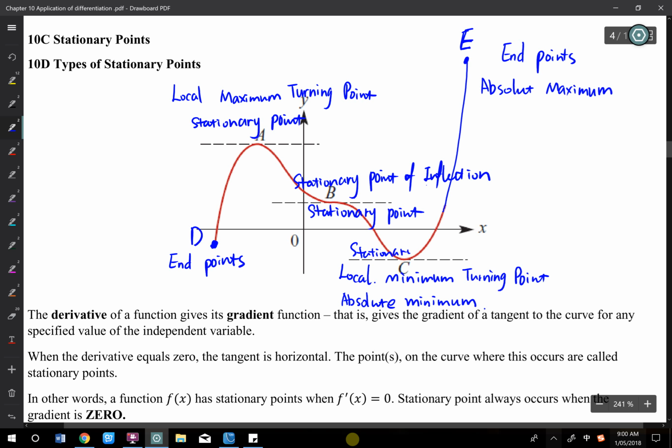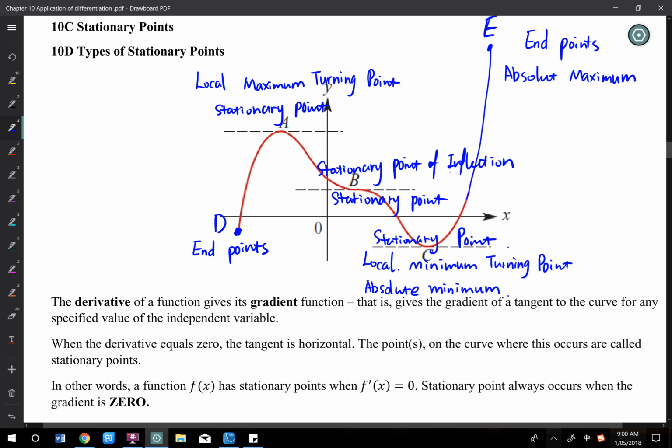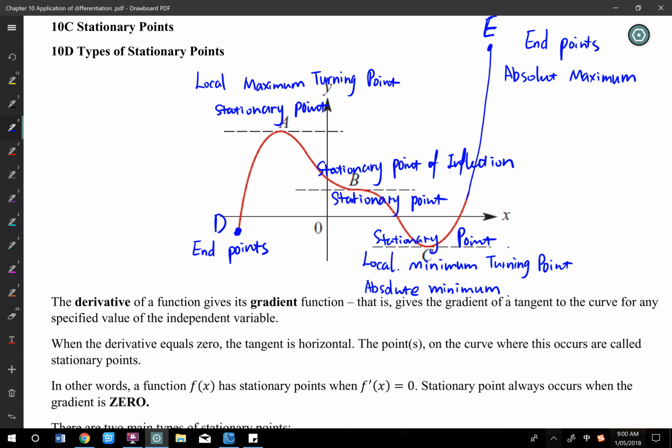That's stationary point. Okay, it's a very beautiful diagram. We have a lot of writing there. What common thing will stationary points share?